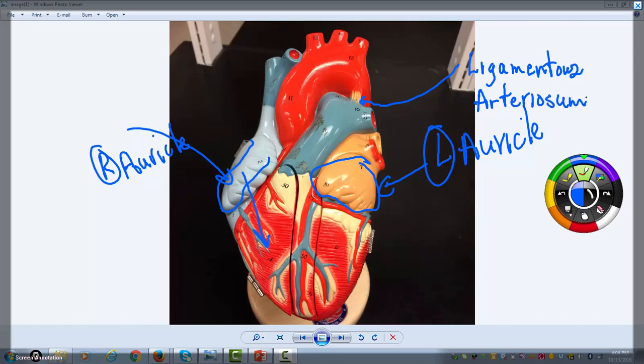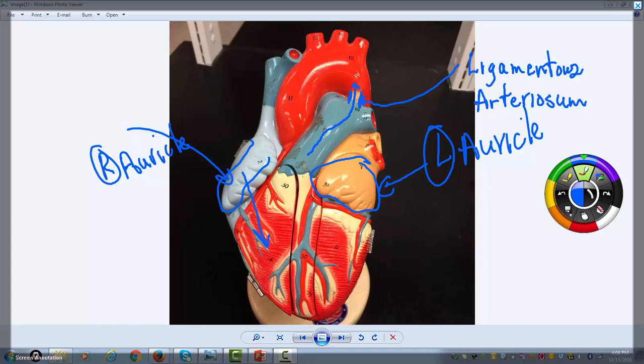I'm just going to mention this. In a baby, babies don't breathe, so you don't want to be sending blood to the lungs if it's not going to help the baby get oxygen and remove carbon dioxide. So in a baby, this structure is actually a connection between the pulmonary trunk and the descending aorta. That allows blood pumped by the fetus's right ventricle to bypass the lungs and go into the descending aorta.